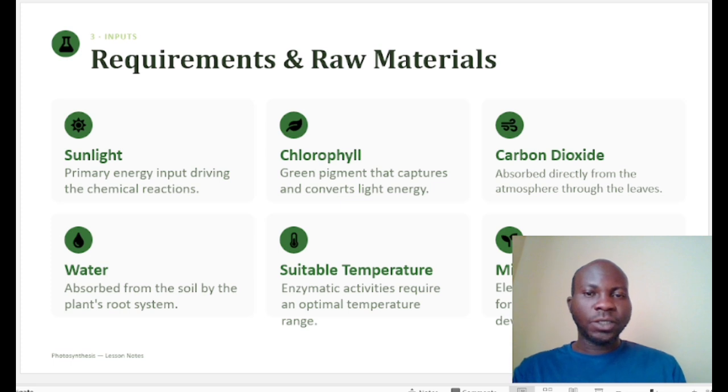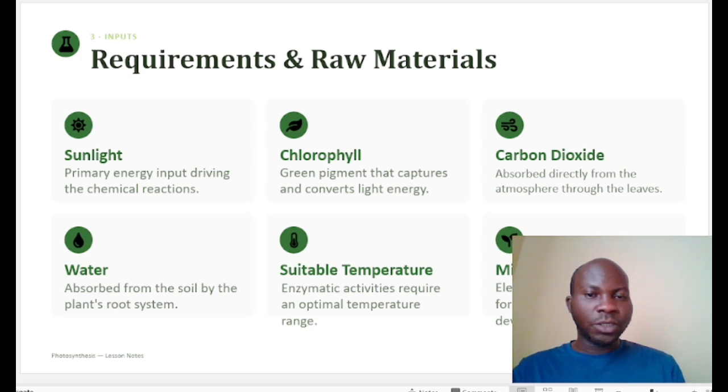So now, what are the requirements for photosynthesis? We have six requirements or six raw materials for photosynthesis to take place. Those are what we call conditions. The first condition, or the first raw material, is sunlight. This sunlight is there to produce the energy that is needed for the chemical reaction.